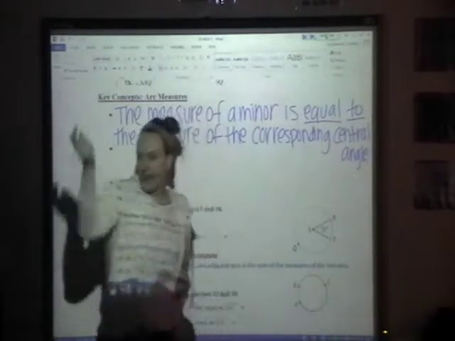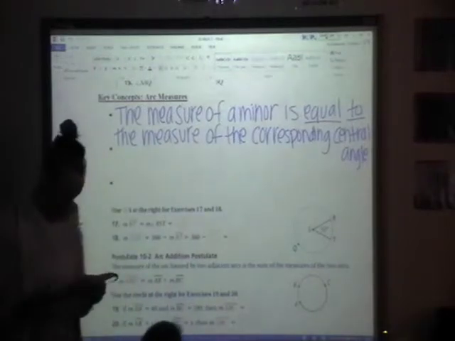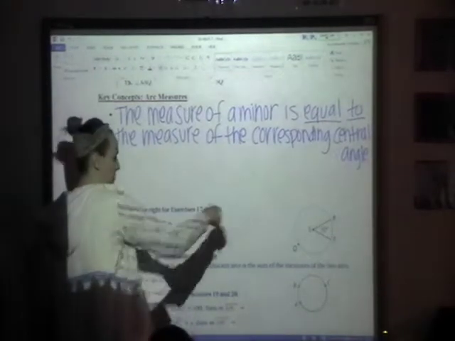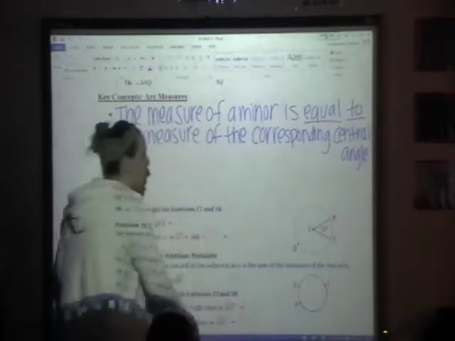And I'll show you what I mean back on the example that we labeled the arc measurements about. Or we'll see it here actually, so we'll let it go.